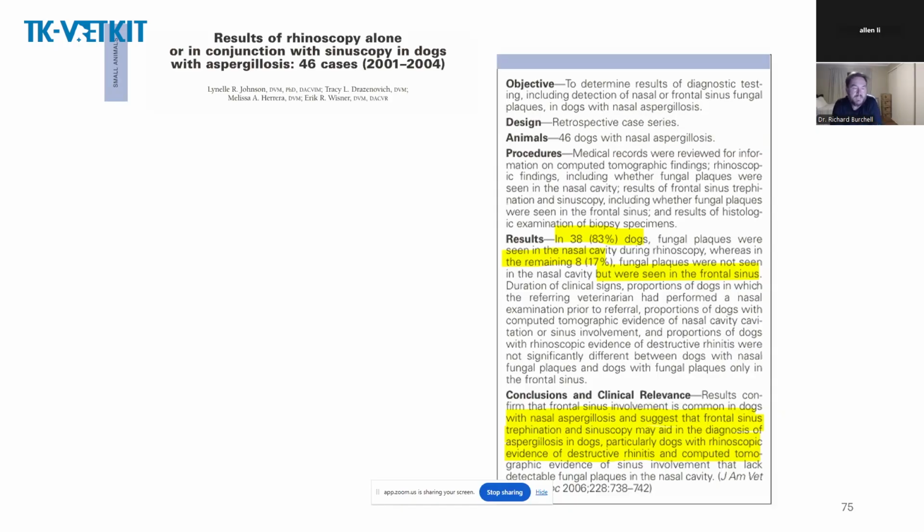But when they did trephination, they found about 17% of cases where they saw the fungus in the frontal sinus alone. The take-home message from this study was that frontal sinus trephination to exclude mycotic rhinitis is probably quite an important consideration.